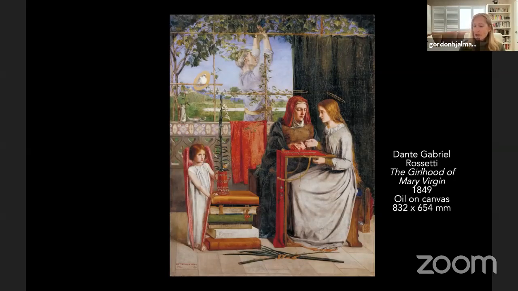Now, we see Mary, as I mentioned, embroidering here with her mother Anne, and we see a little angel that stares at these books of knowledge, and we have a white dove, the spirituality of Mary represented.